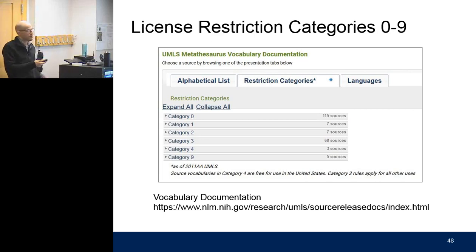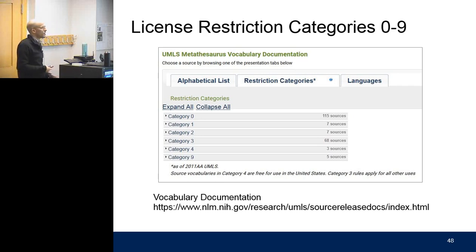Each of the licenses is divided into 9 categories. So you can search by ontology, vocabulary, or terminology, or you can search by the category to determine which ontologies best fit your particular use case.